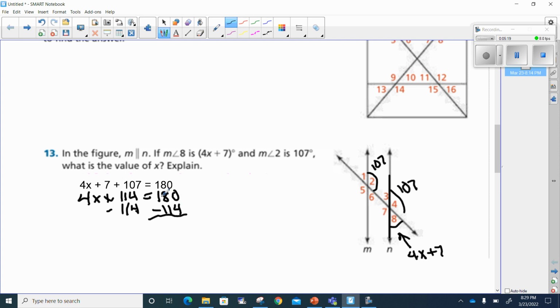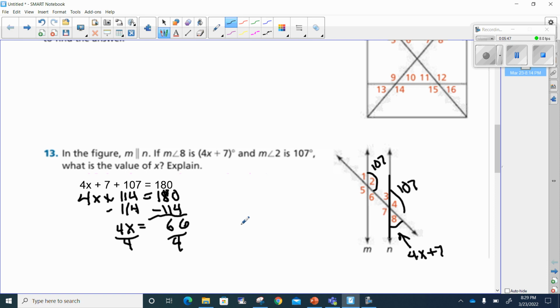When I subtract 4 from 0, I'll have to borrow one, that'll be 6, right? And I'm borrowing it from here, which made this 7. And 7 minus 1 is 6. And 1 minus 1 is 0, so it says that 4x has to equal 66. I would divide by 4 to find out what x is.